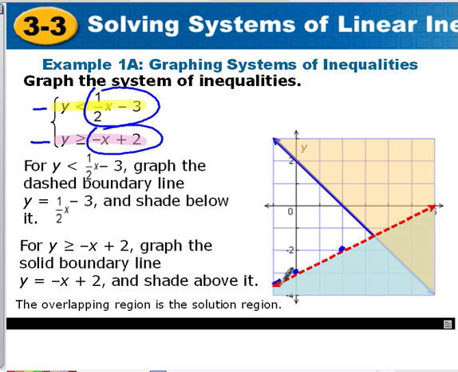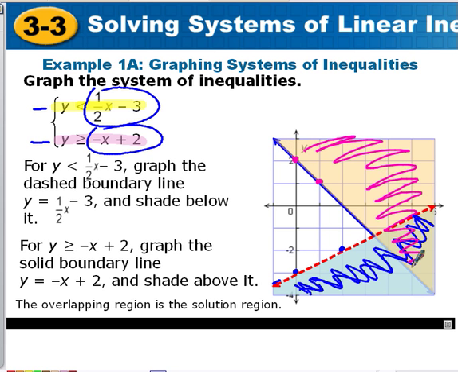And y is less than that, so they shaded this part underneath that boundary line. The second one has a y-intercept of positive 2 and a slope of negative 1, so we're going to go down 1/1, solid boundary line, and its y is greater than or equal to that, so we're going to shade this.